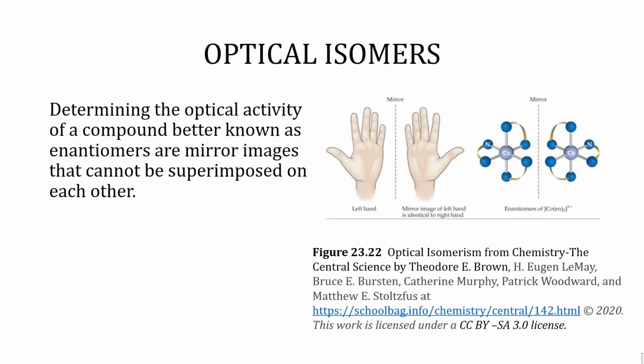Optical isomers are enantiomers, or mirror images that cannot be superimposed on each other. The figure to the right illustrates how one can view an optically active hand on the left and a coordinated complex of [Co(en)3]3+.